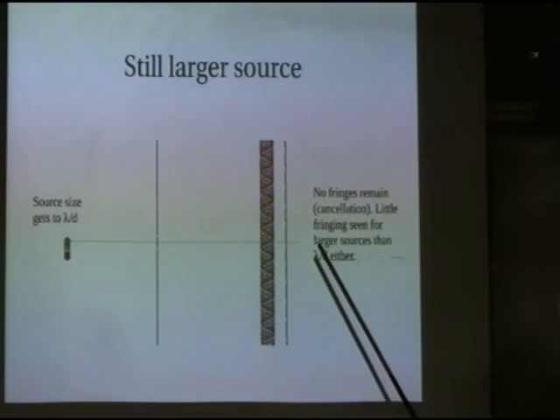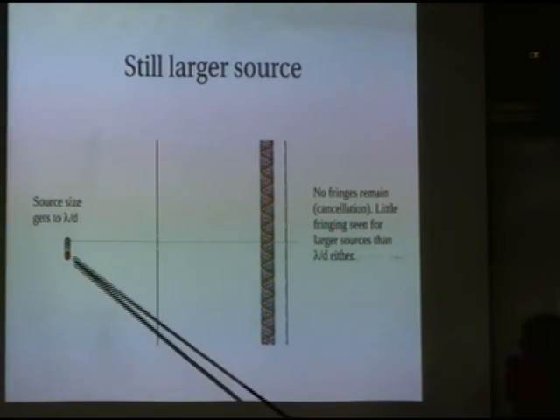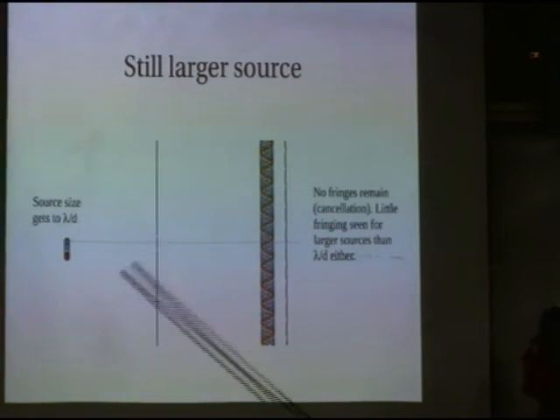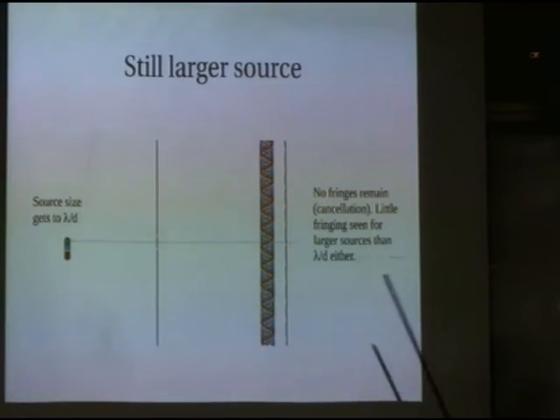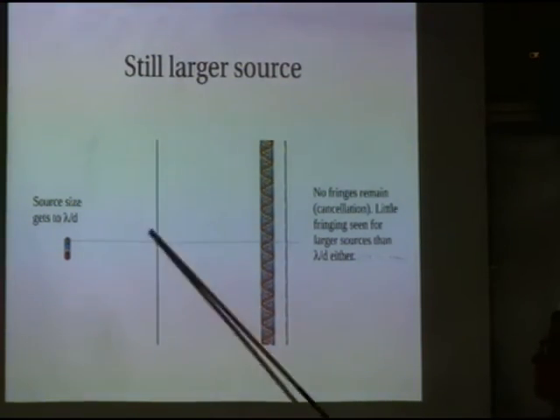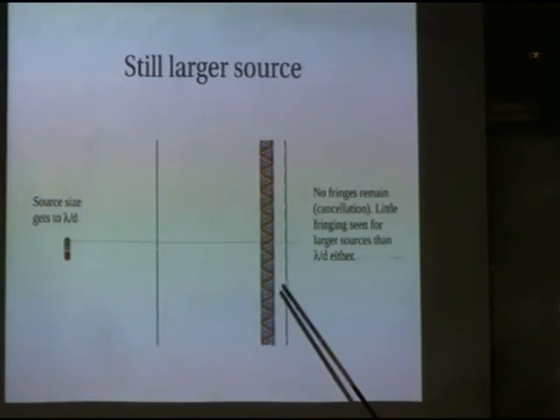It's totally gone. We get nothing. That's because they go through one of the holes or the other, and when they go through, they add up destructively, and we get nothing.